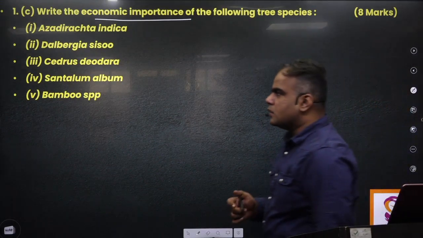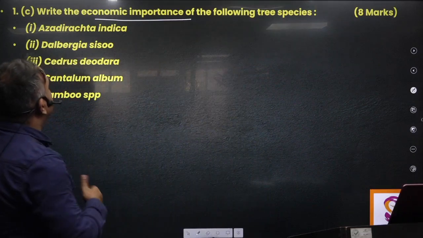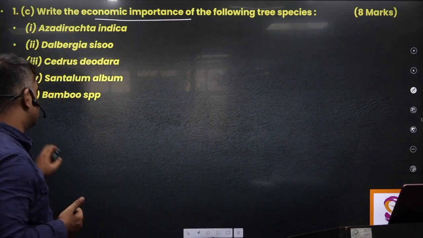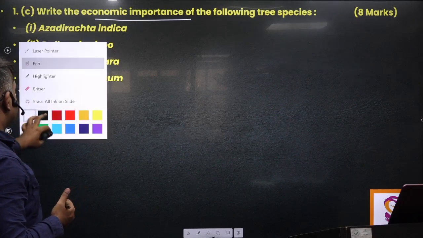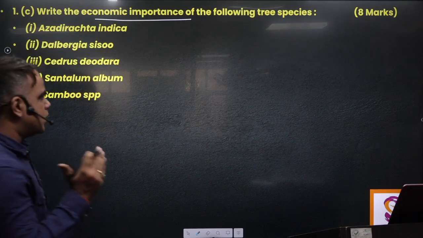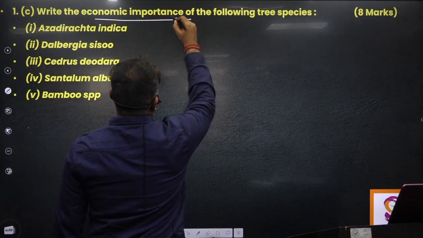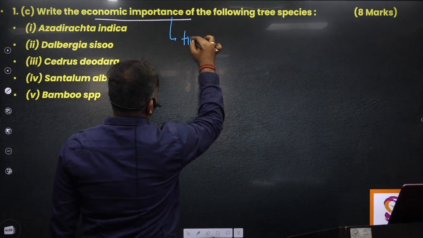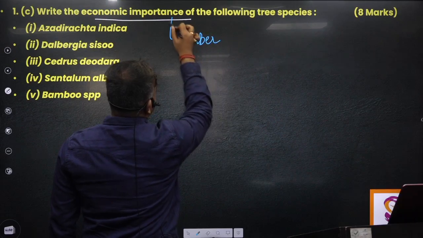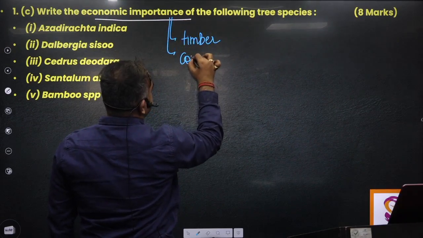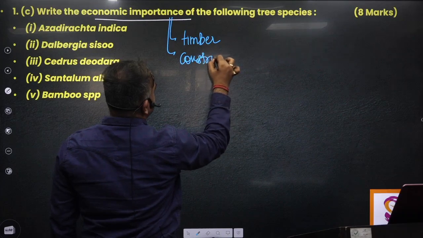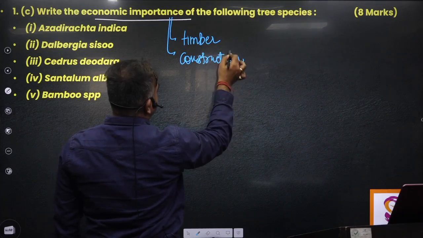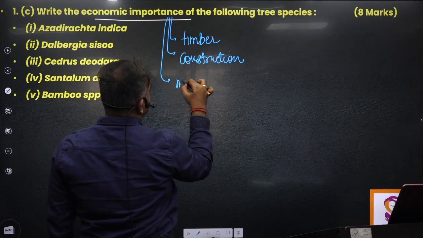One by one we'll have a look at the species. The question is about the economic importance. If you're not aware much about each of them, each of them will have a certain role related to timber. Many of them will also be related to construction. There will be certain medicinal uses also.